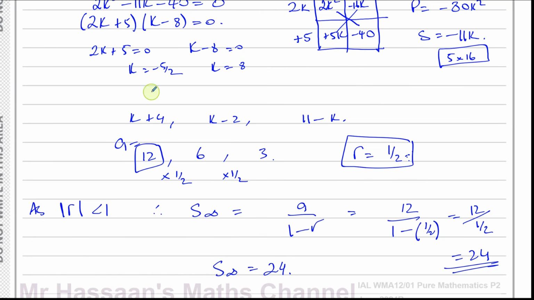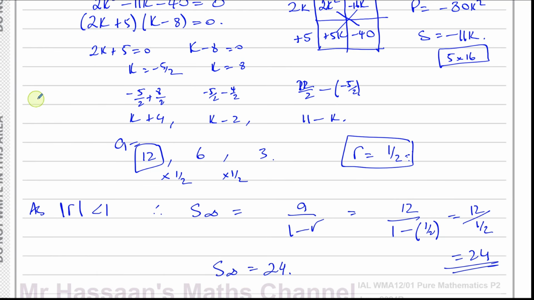If we use minus 5 over 2, let's just do this properly. I don't think I did it very well over there. That's 8 over 2, which is 4. Then you'll have minus 5 over 2 minus 4 over 2, and 11, which is 22 over 2, minus 5 over 2.